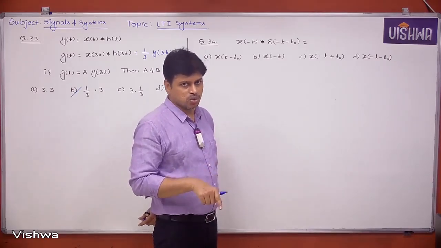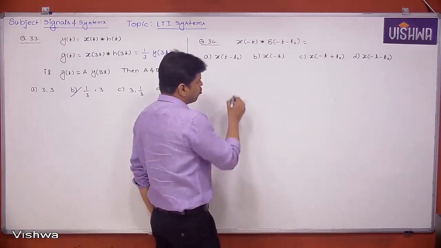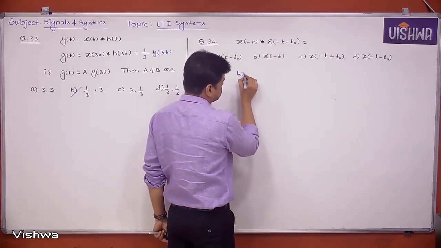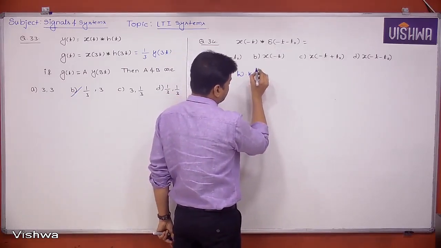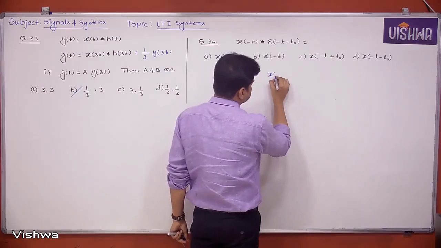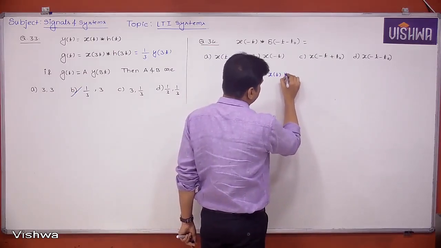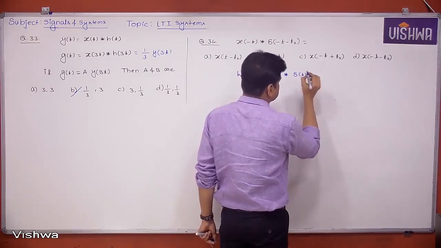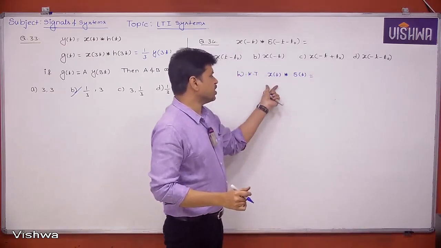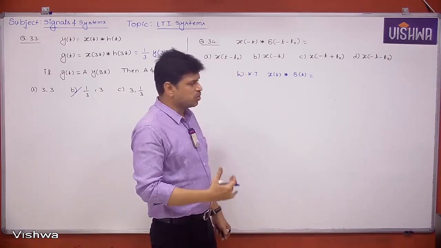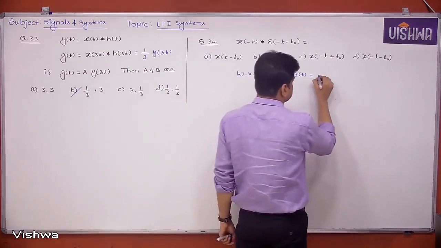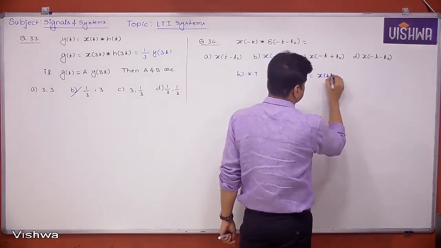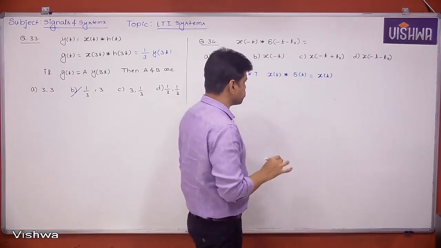That is the clue here. We know that x of t convolved with delta of t, I told you, if any signal is convolved with delta of t, it results in the same signal x of t. This is what we know.